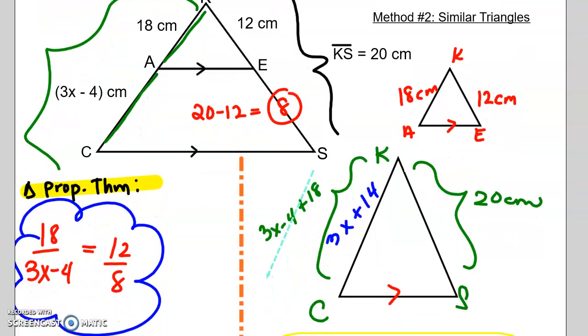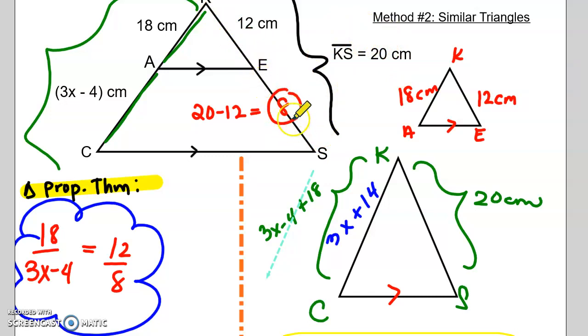I'm telling you segment AE and CS are going to be parallel to each other. So for that reason, I'm going to do 18 over 3x minus 4 is equal to 12 over... I know that segment ES is 8 because I told you that KS is 20 and KE is 12.